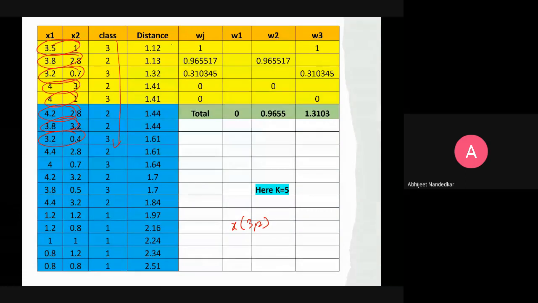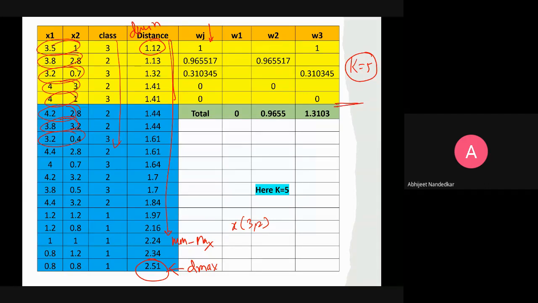Now I calculate the distance and then sort from minimum to maximum. So this is the minimum distance and this is the maximum distance. This is d min for our formula of weight, and this is d max. Here we are considering k equal to 5 only, so only 5 neighbors will be taken into account.